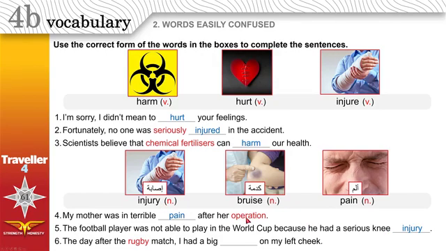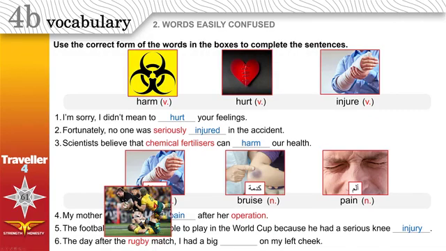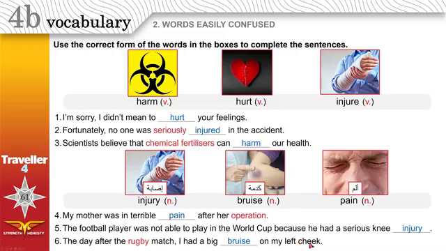He couldn't play. He had an injury that needed a long time to heal up. The day after the rugby match, rugby is a sport that is very popular in the UK, in Britain. I had a big bruise on my left cheek.